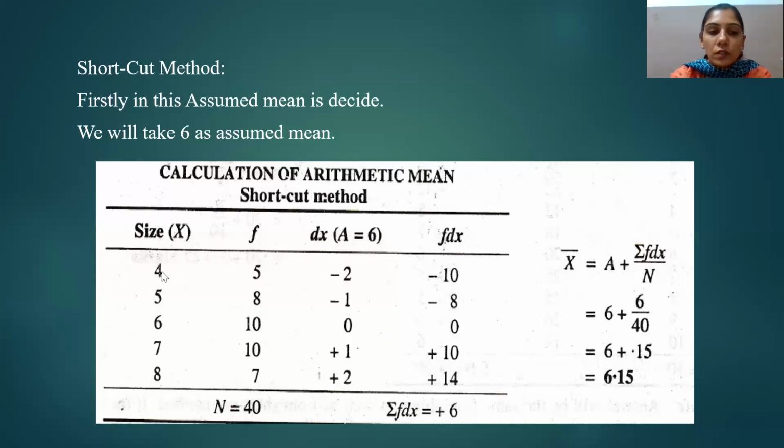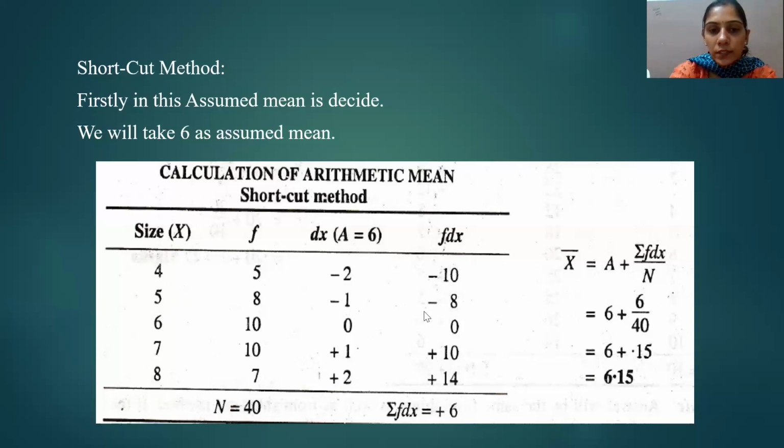So first of all, we have to calculate the value of dx. When we subtract 6 from 4, the value is minus 2, as we are subtracting a smaller value from a bigger value, so the value will come in negative.